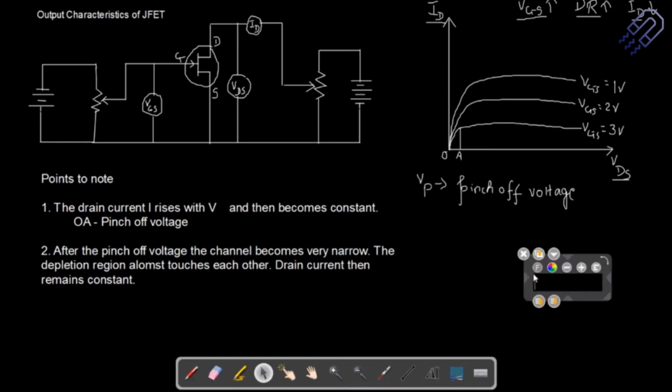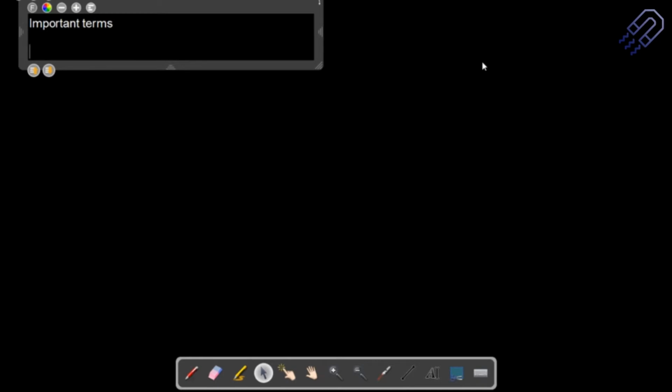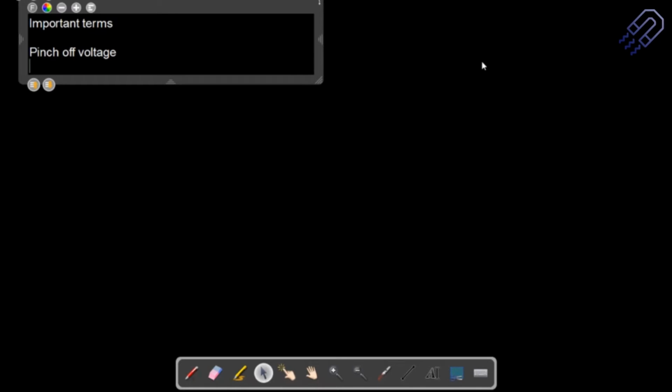There are certain terms that we should know in connection with the output characteristics, and this is something we are going to deal with now. So let me list down the important terms that we should know. The first thing is pinch off voltage, and whenever it's asked in the exam, you're probably going to write down the definition for that, which I'm going to give you.